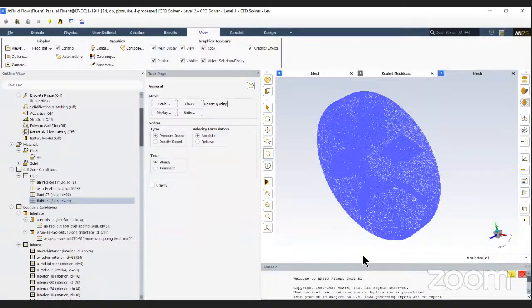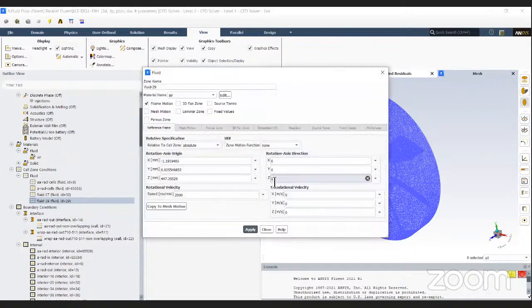So I'm going to use my right hand thumb rule and make sure that my hand curls the way it would if I were to use my right hand thumb. And that would indicate that the fan axis rotation is in the positive Z direction. So when I go to my MRF, you will notice that the rotation axis direction has been specified as Z is equal to 1. If it were the other direction, then I would put -1. So hopefully that answers the question.